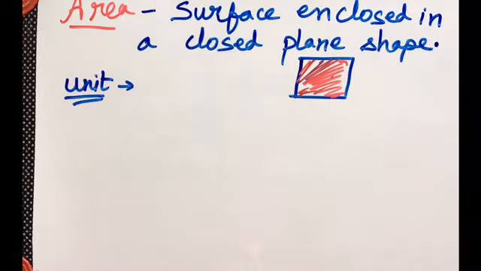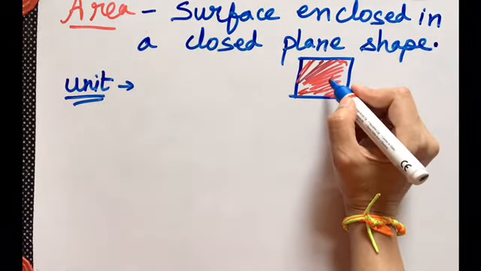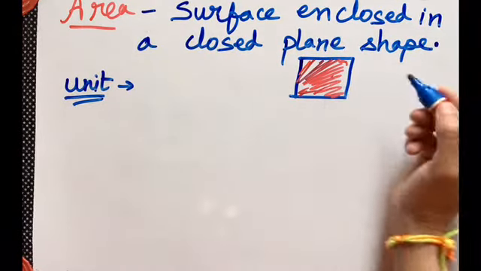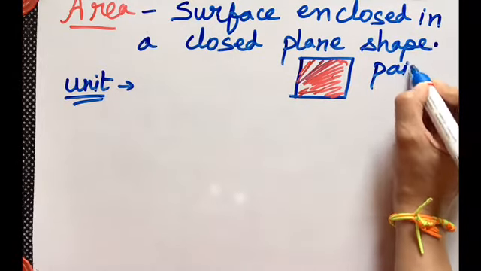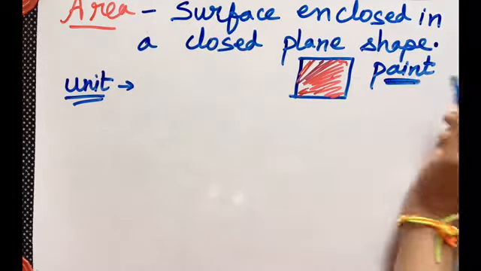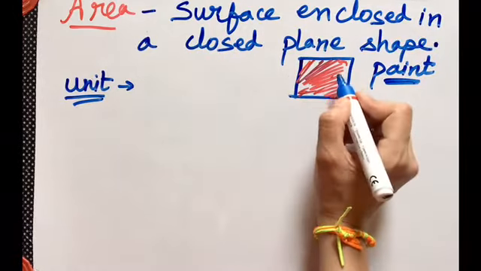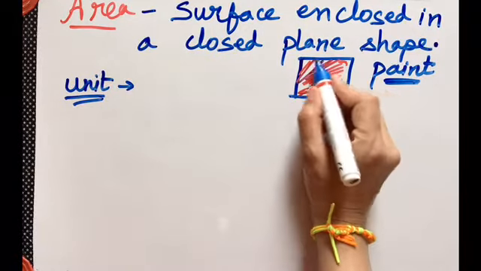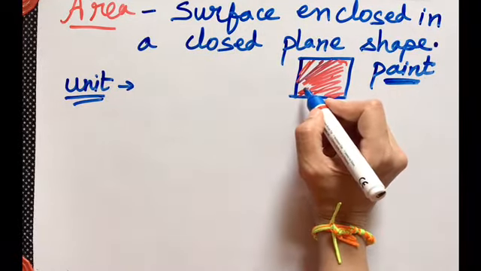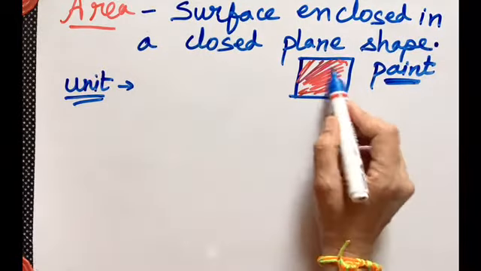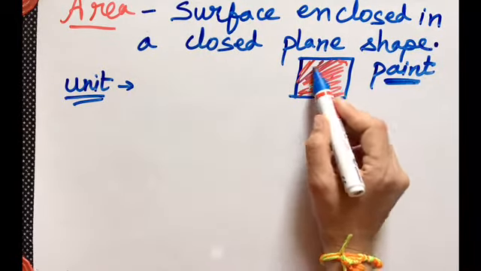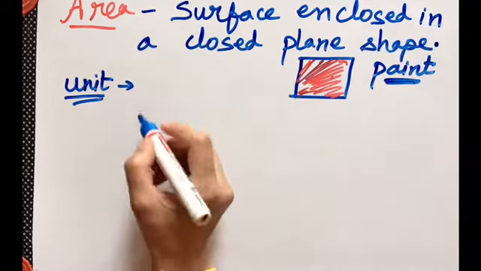So this is the area of this. Now for example, if you want to paint a wall, there you are going to calculate the total area, not the boundary. So if you are involved with the boundary, then calculate perimeter. In case of area, you are going to calculate the inner surface. Fine. What will be the unit?